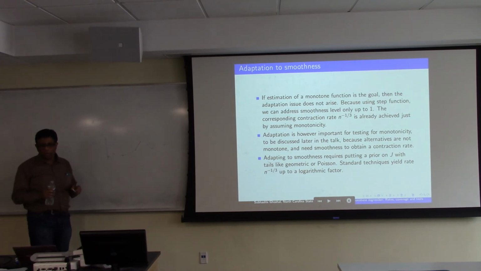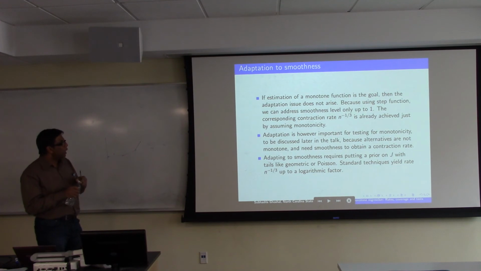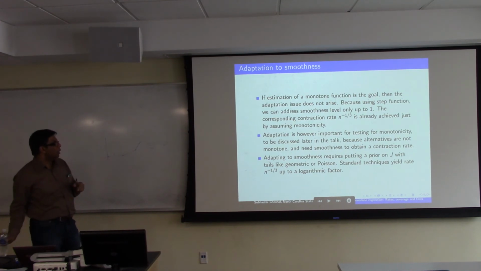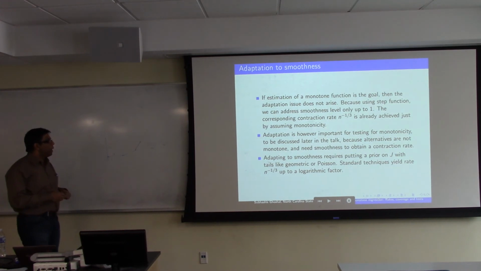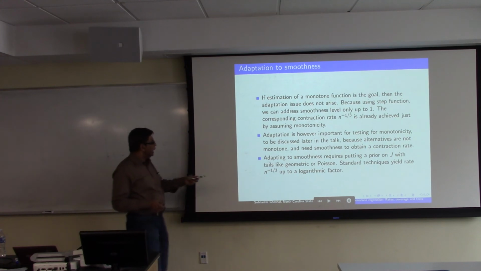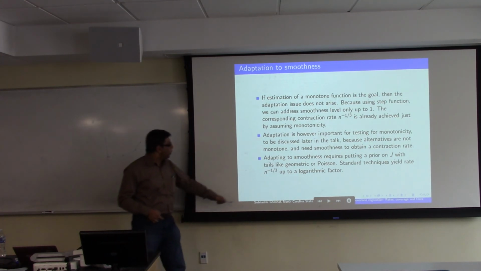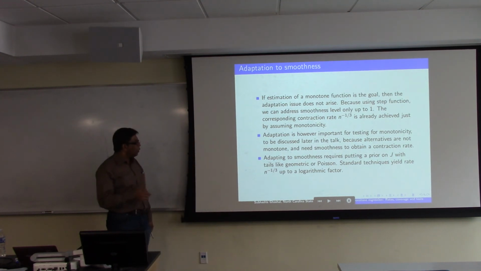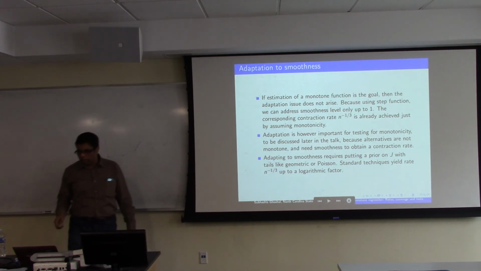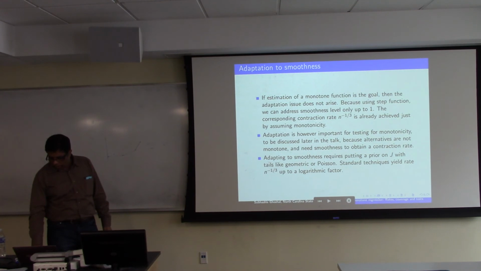With a prior on J, it still retains the same contraction rate at monotone functions, up to a logarithmic factor. So that doesn't make a difference.